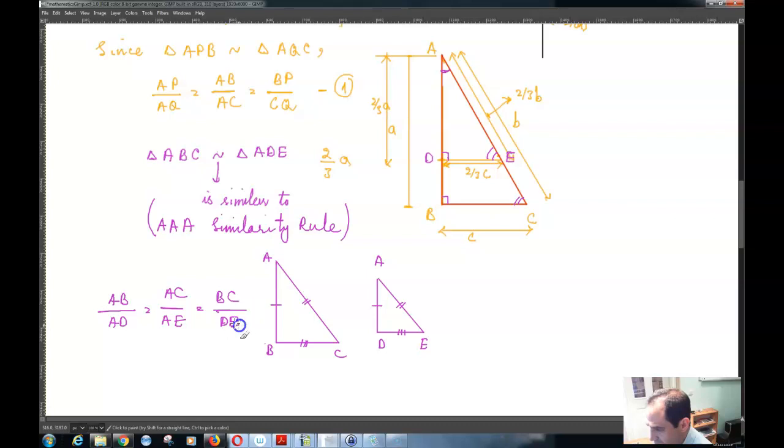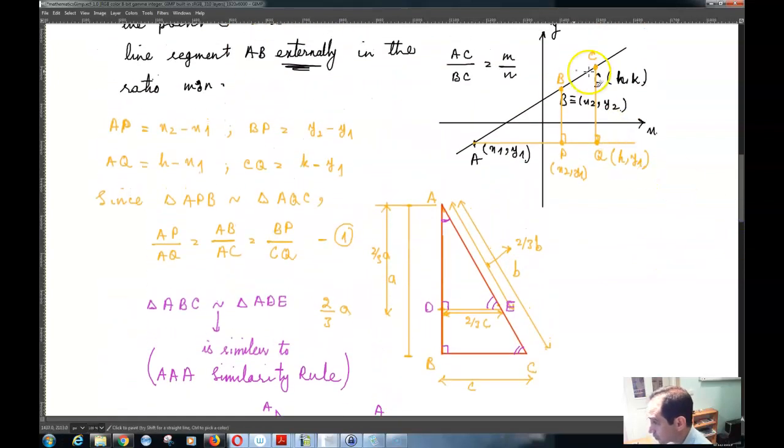And then you can use this relationship in many different kinds of ways, in many different types of situations, for many different purposes. And now we are actually using this in this concept over here, because we want to find these distances. So using these ratios, we can find the coordinates of this point.